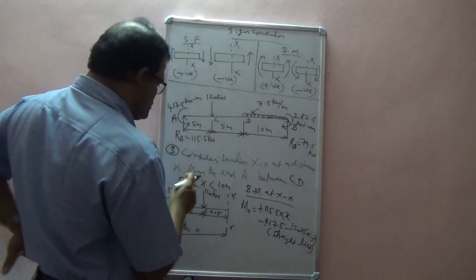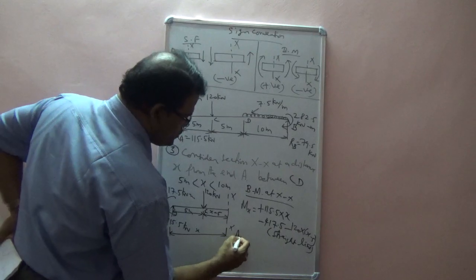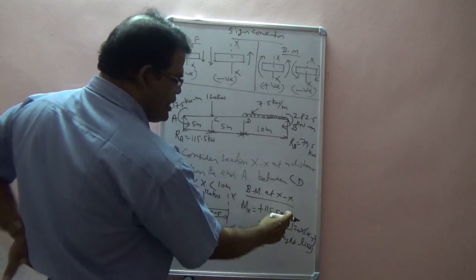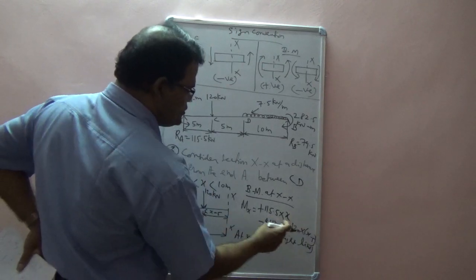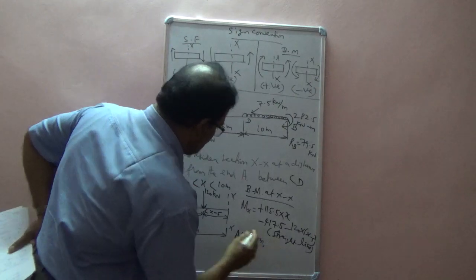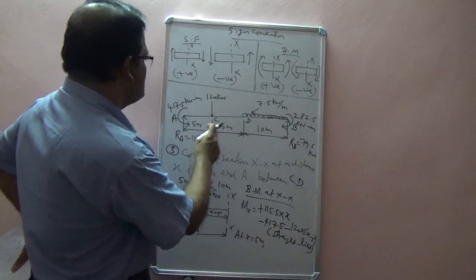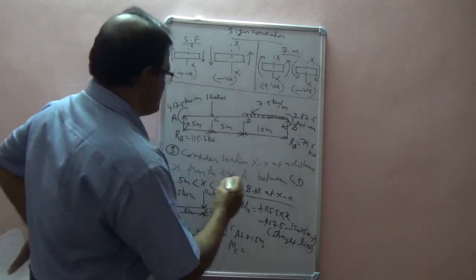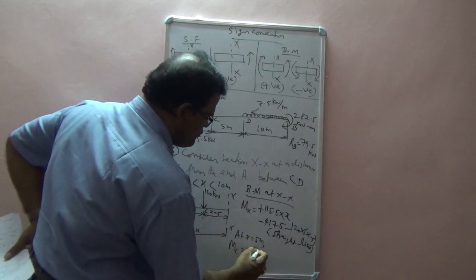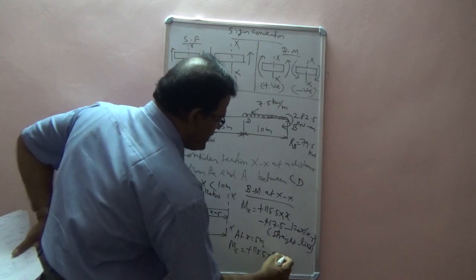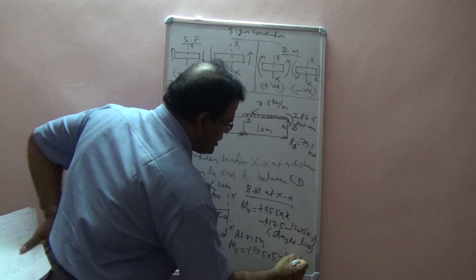Now at x is equal to 5 meter, substitute the value x is equal to 5 meter, so this term will become 0. So at x is equal to 5, MC will be equal to plus 115.5 multiplied by 5 minus 417.5.